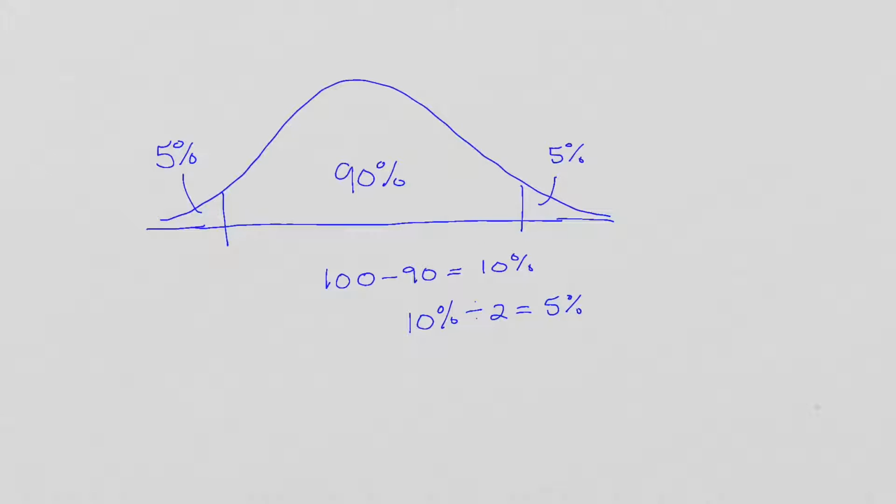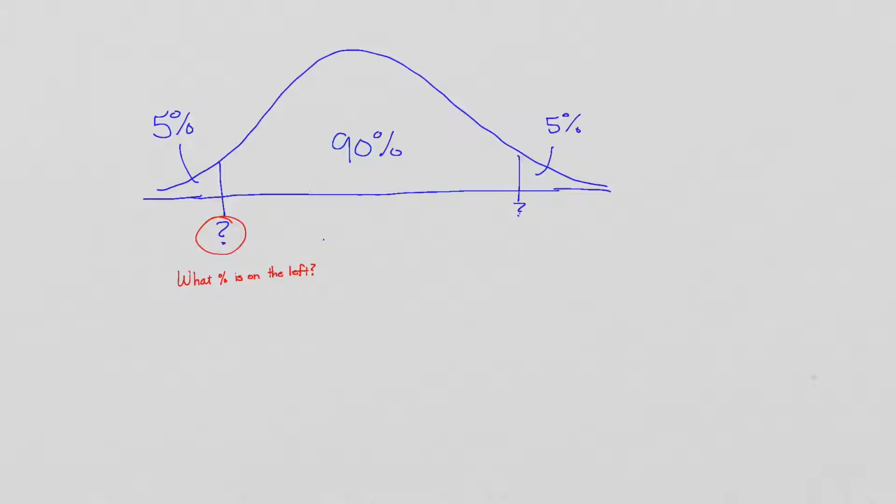Now I'm going to find the value that falls above the bottom 5%, and then the value that falls below the top 5%. But remember what I said, the calculator only works from the left-hand side, with the percentage on the left. So for this value, what percentage is on the left?